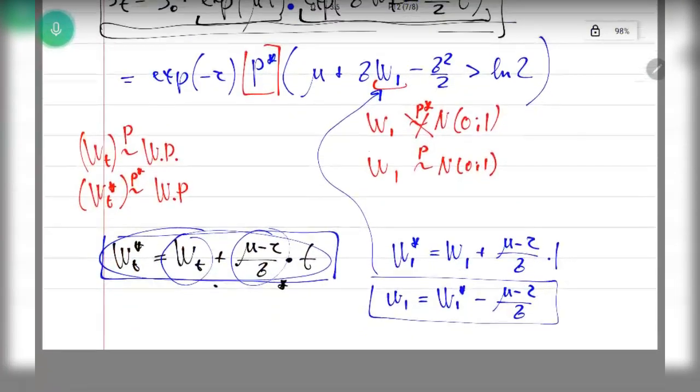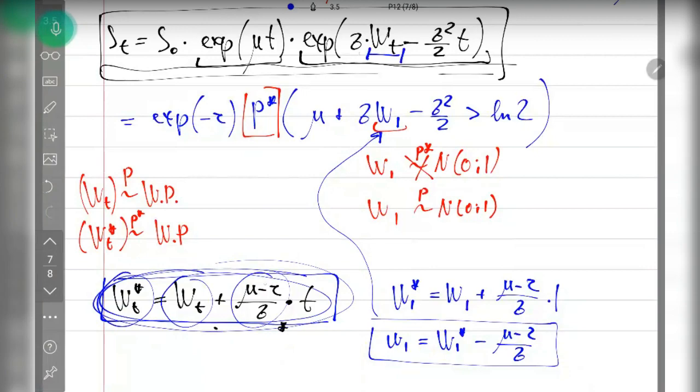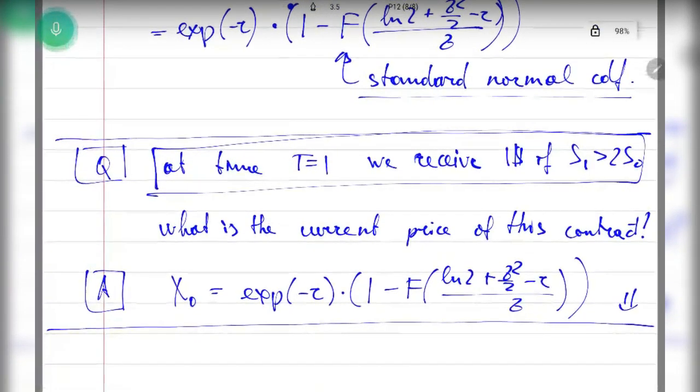Oops, we are done. We need to do the trick. We need to go from WT that is postulated in the Black-Scholes model to this WT star, but the answer is correct. We just obtain x0. X0 is a real observable random variable.